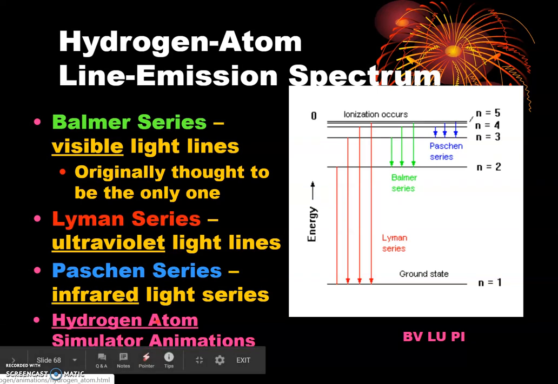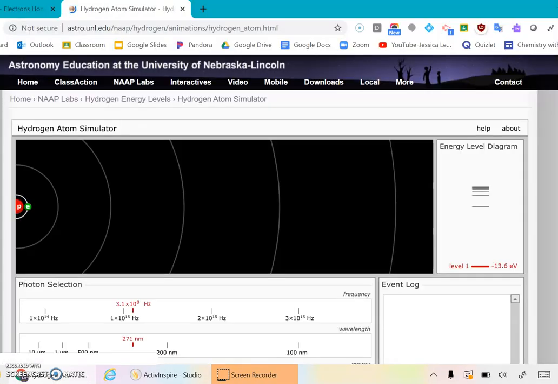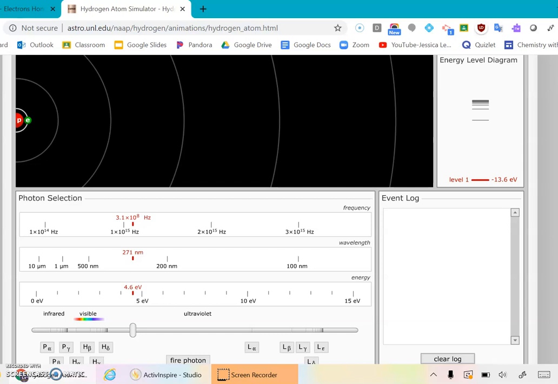This last website right here is a hydrogen atom simulator, and is one way that you can walk through your atoms and fire photons at it, and you can see when things are absorbed and whether they are in the visible range or the non-visible range, and you can kind of play with a simulator and see what happens to all these different frequencies, and now you're in the ultraviolet range, which is why you see it be red right there.